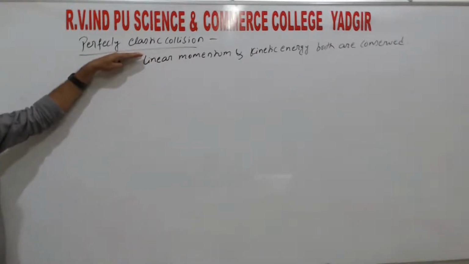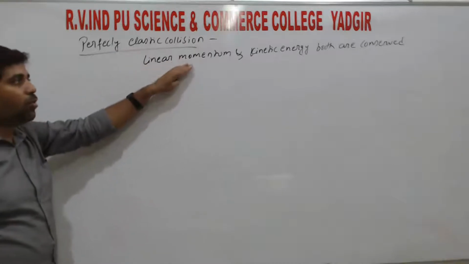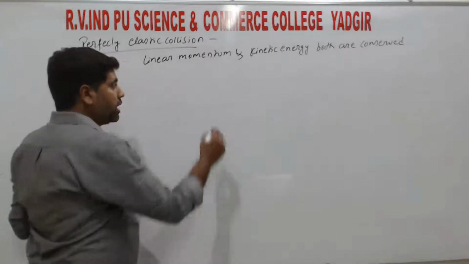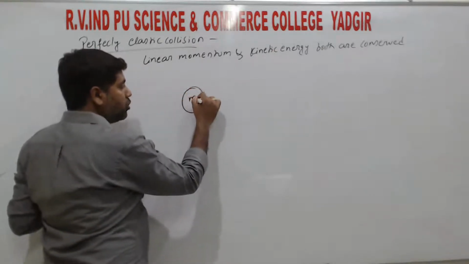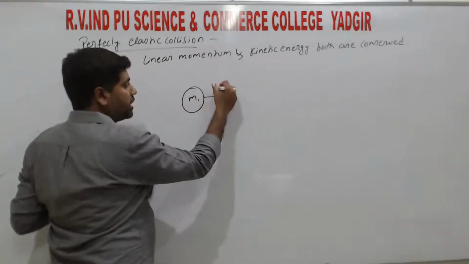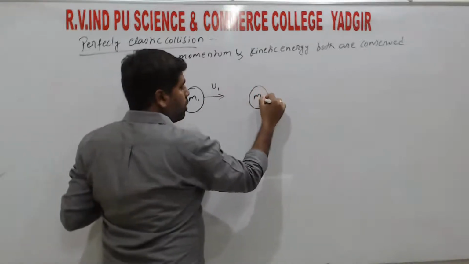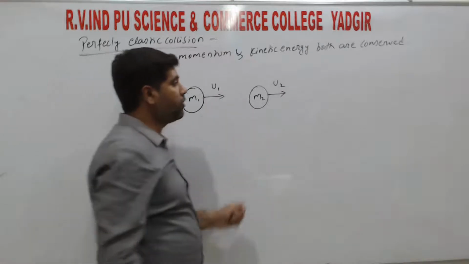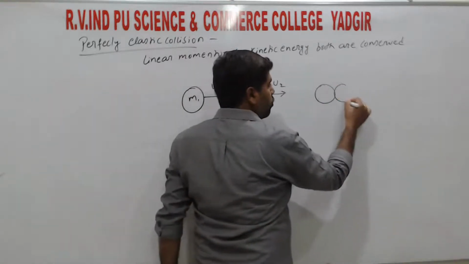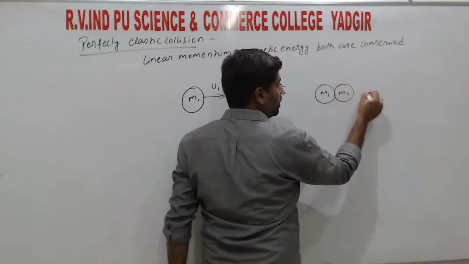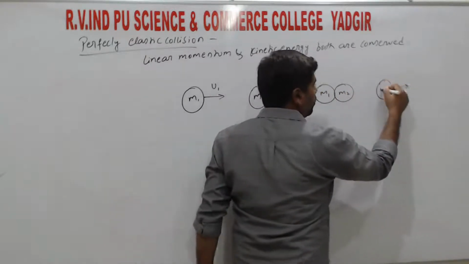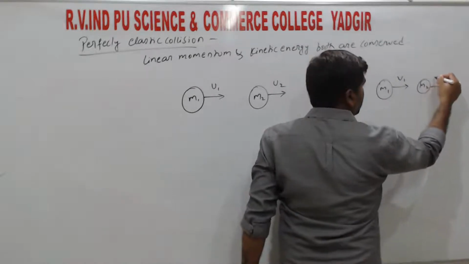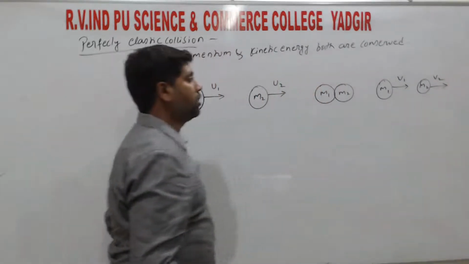So perfectly elastic collision, to say it simply, means linear momentum and kinetic energy both must be conserved, right? So that means if we consider any two objects, again taking two different masses m1 and m2 moving with two different velocities u1 and u2, these two get collided, and after collision they will move with two different velocities v1 and v2, right?